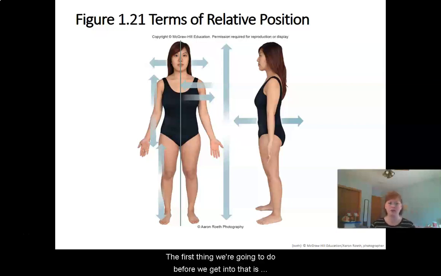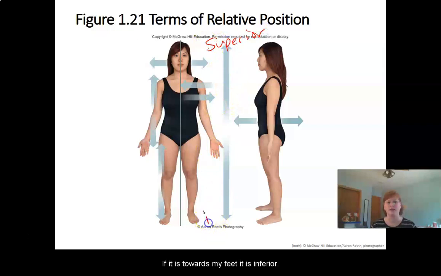So the first thing we're going to do before we get into that is look at directional terms. So if something is towards my head, we say that it is superior. If it is towards my feet, it is inferior. If it's towards my back, it is posterior, or you might say that it is dorsal.